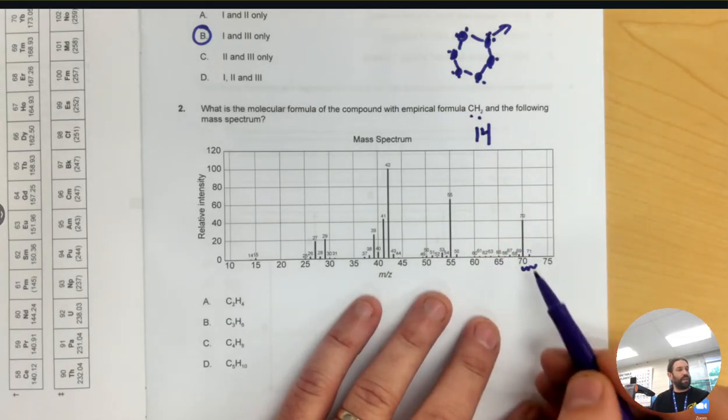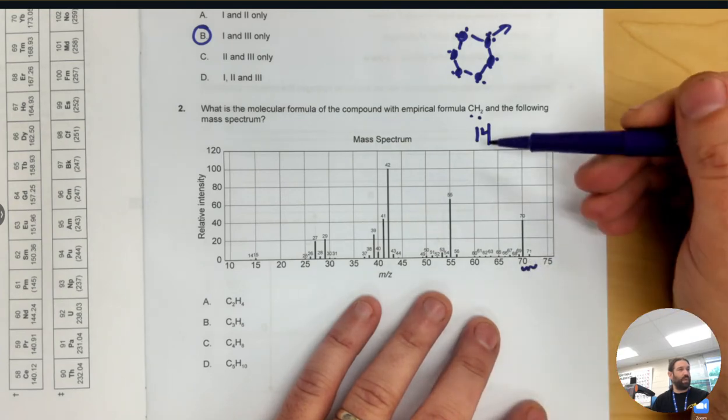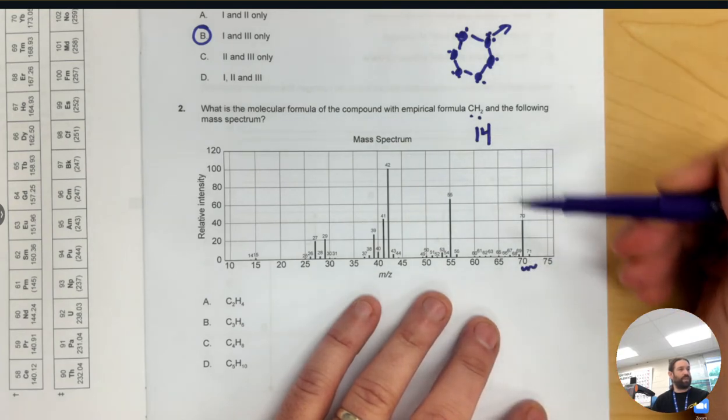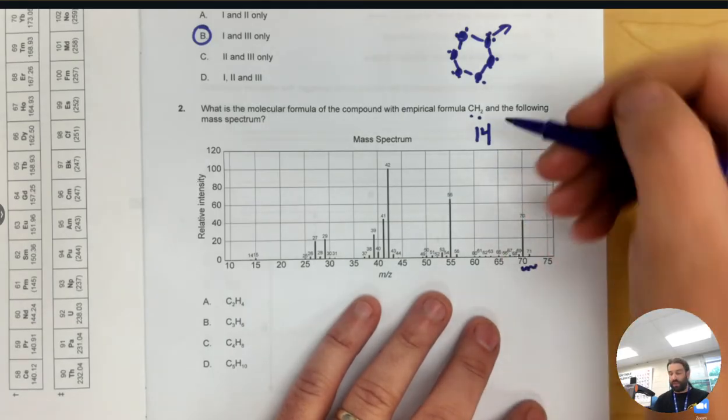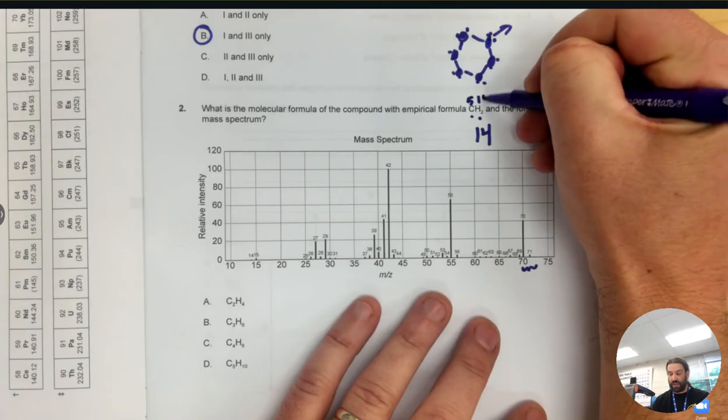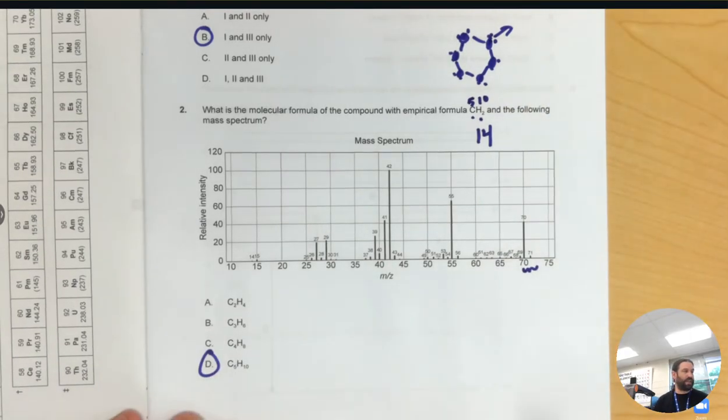If this is the mass of my compound, 70 or 71, 70 is about 5 times bigger than 14. That means we would have 5 carbons and 10 hydrogens, making D the answer.